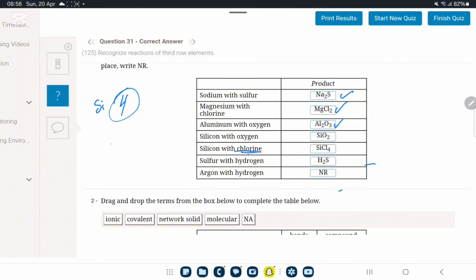Chlorine needs 1 electron, and it can only share 1. So how many chlorines do we need for Si to have 8 valence electrons? Since each one can only share 1 and we need 4, so we need 4 Cl, so it's SiCl4.